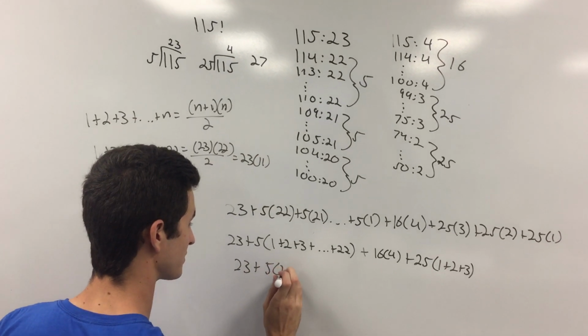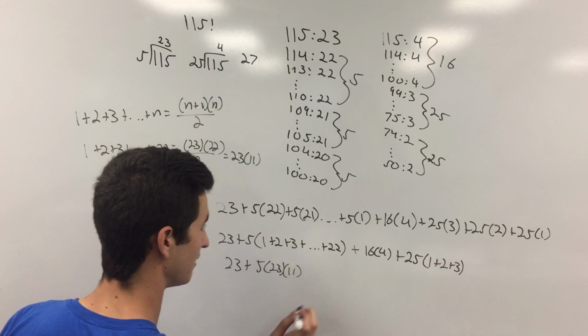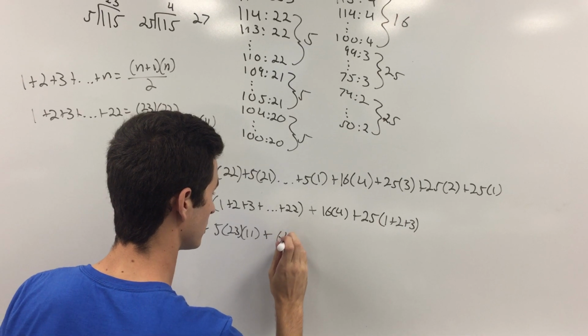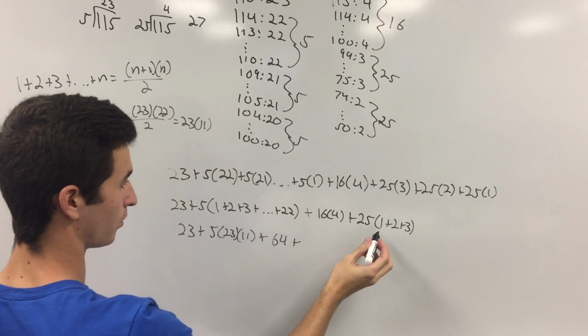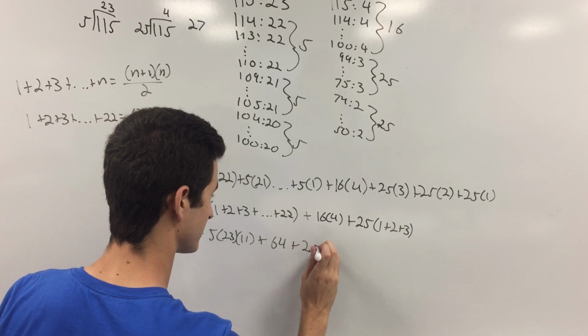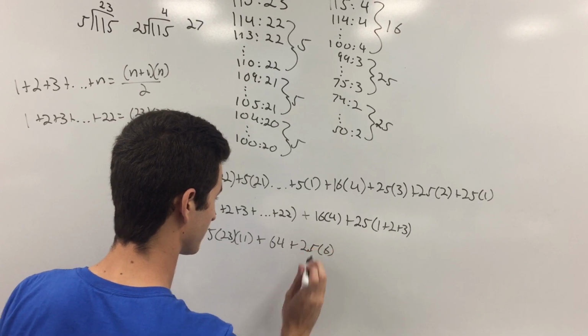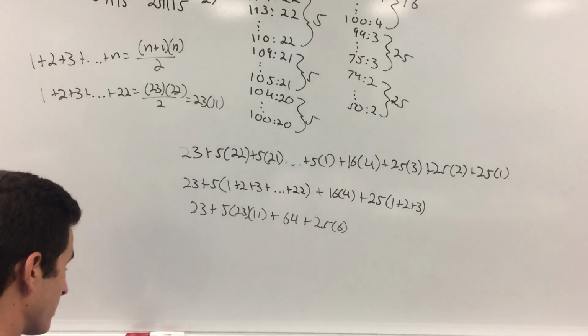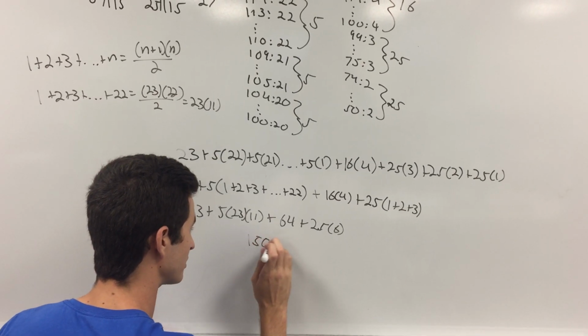So this is 5 times 23 times 11, plus 16 times 4 is 64, and then 1 plus 2 plus 3 is 6, so it's 25 times 6. And then once you multiply all this out and add it all together, you're going to get 1,502.